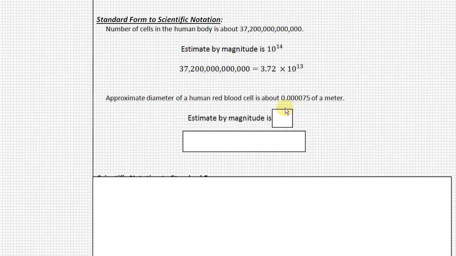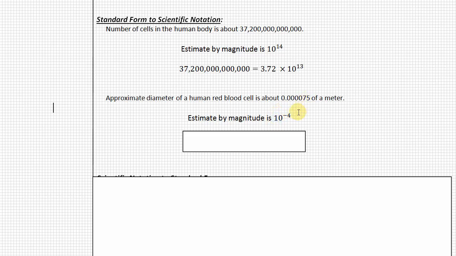So we look for where we could put a 1, and we would have put it right here. So to estimate 0.75 millionths as a magnitude, it would be 10 to the negative 4th power, 10 to the negative 4th.